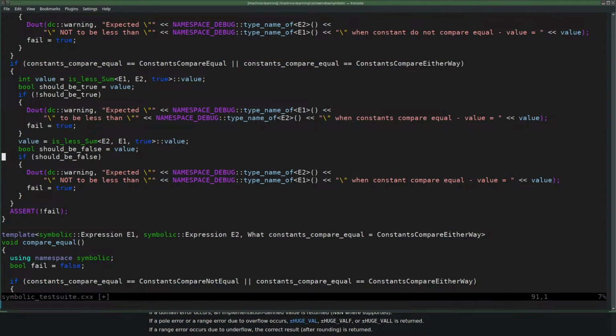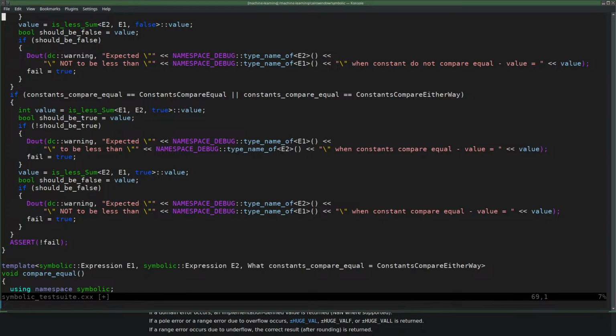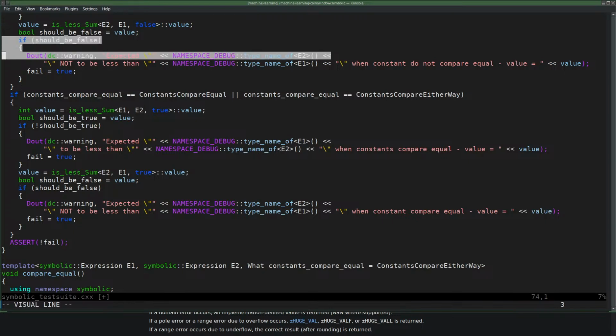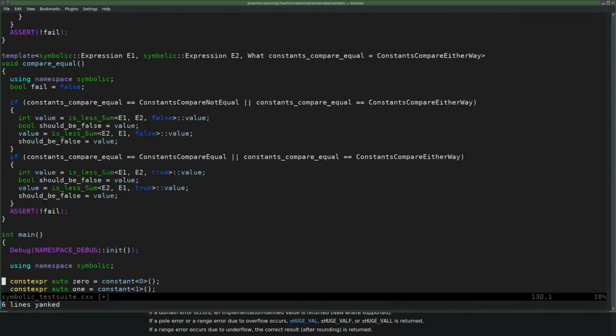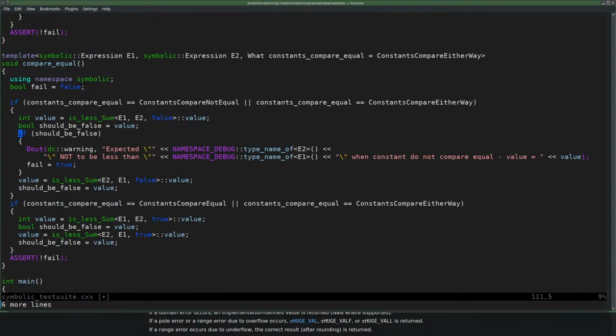And then we are printing stuff. It should be false, should be false. So if it is true, then we print an error. Expected E1 to be, well, not to be less, yeah, because they're equal.